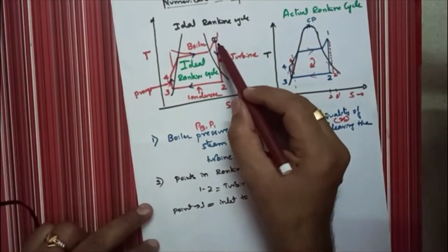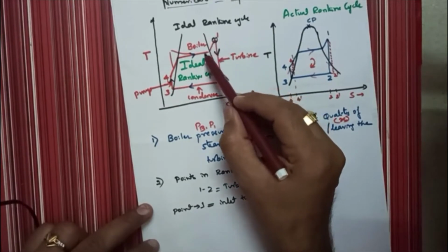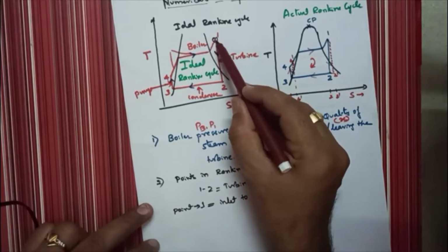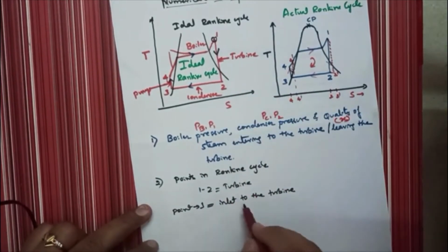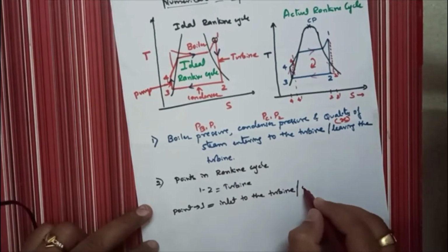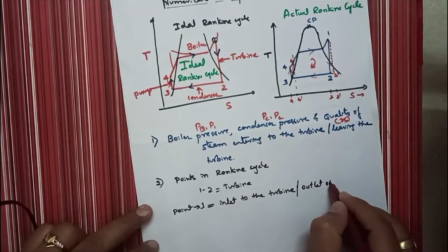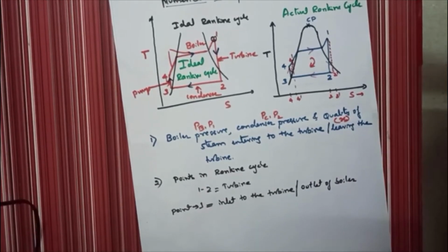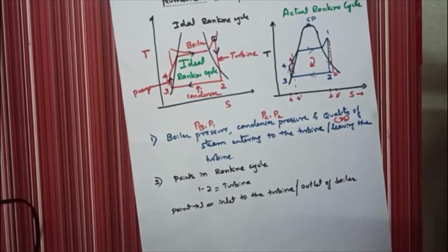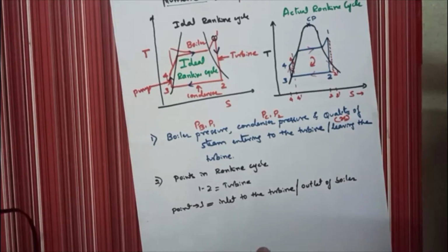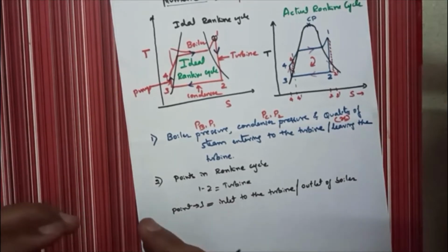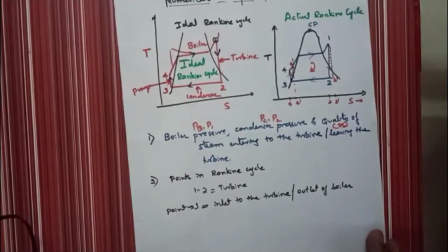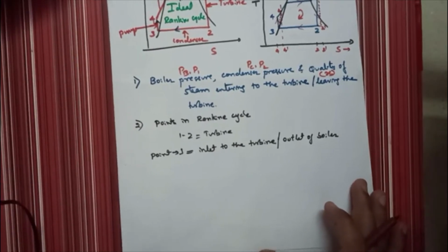Same point number 1 is also outlet of the boiler, because 4 to 1 is boiler process. So point number 1 will become inlet to the turbine as well as outlet of boiler. This is very important for solving the numericals, because in the problem definition, he will give the value of enthalpy at inlet to the turbine is this much, the value of enthalpy of outlet of the boiler is this much. So it is important to understand these points.